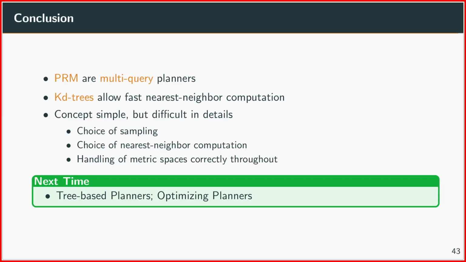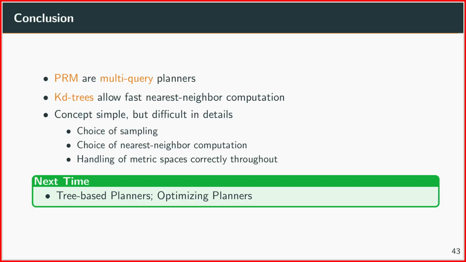We also talked about KD trees, because they allow very fast neighbor computation, which you really need for this kind of algorithm. And I would say this whole probabilistic roadmap approach is super simple in the beginning, but if you go into details, you find out that there are a lot of difficult questions and a lot of trade-offs you have to make to actually make this work. One was this choice of sampling.